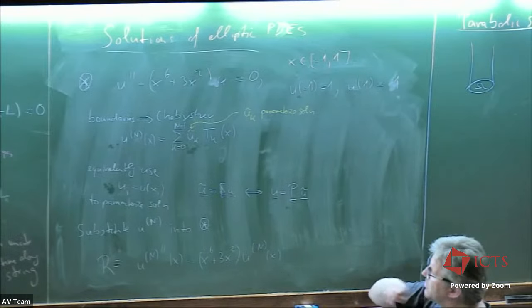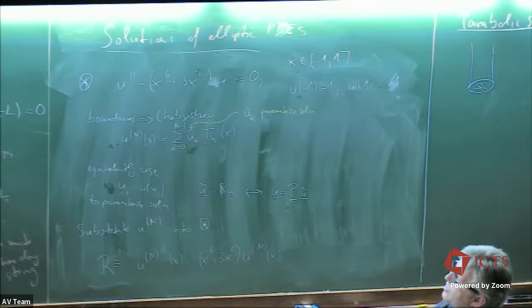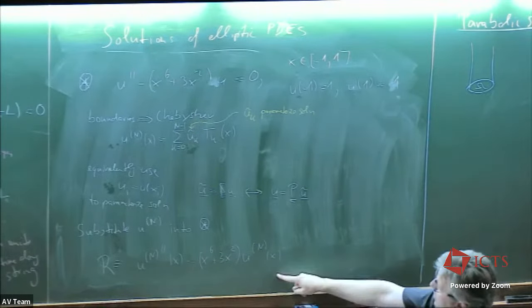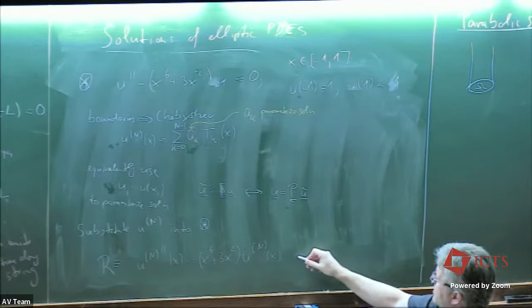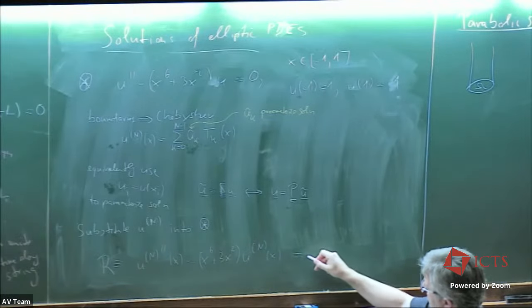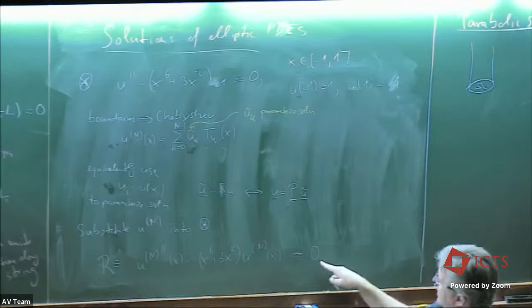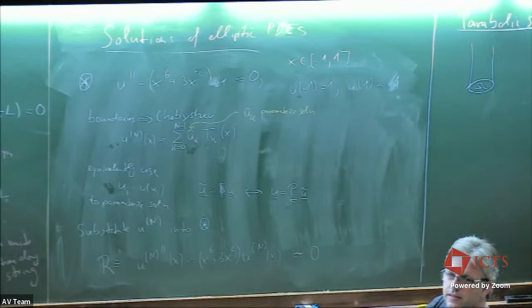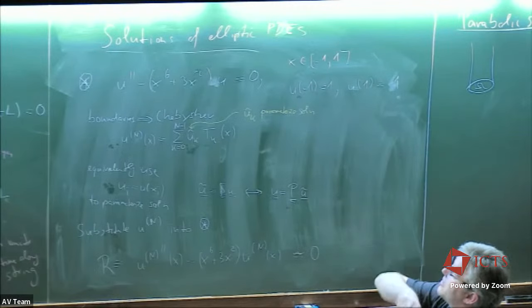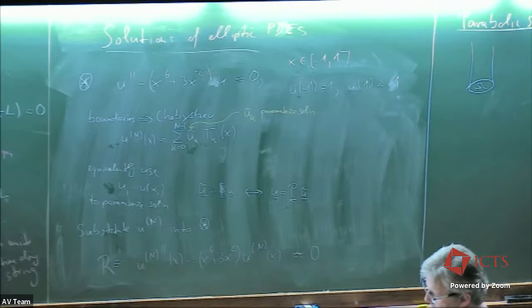Because u_N is an approximate solution, we cannot expect this to be identically 0, but we still hope to make it as close to 0 as we can. And this is going to give us the conditions to fix our degrees of freedom.